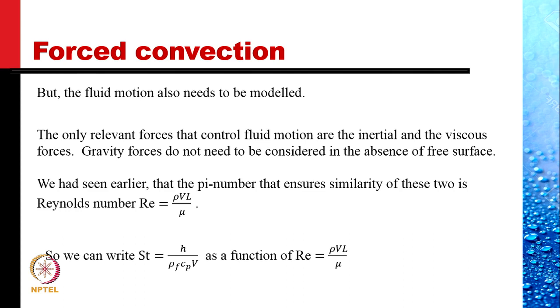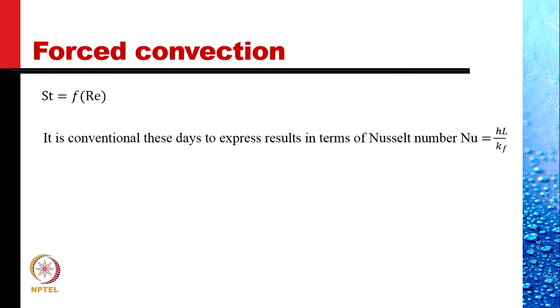So that we can write Stanton number as a function of Reynolds number. Very simple relation. But convention makes things a little difficult. It is conventional these days to express results in terms of Nusselt's number.